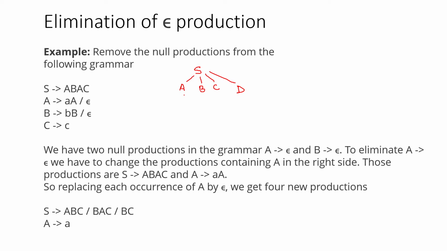I can have a possibility that this A can be replaced by epsilon. Ultimately, whatever B results in is for sure what comes after A, not this A, because it's epsilon and will not reflect anything in the string.